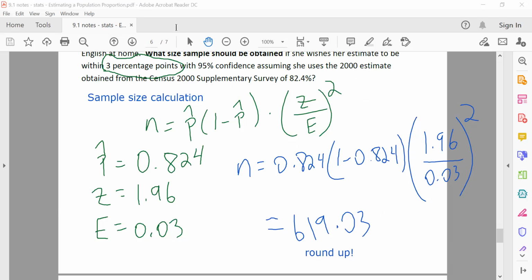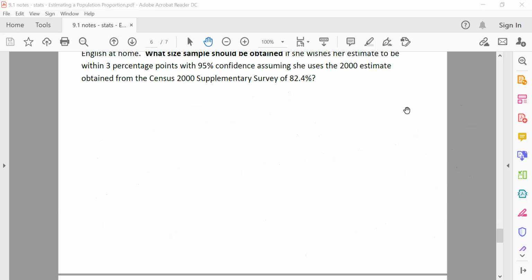You don't just round to the nearest, you round up. So what we want is 620 in our sample size here. All right, not so bad, 620.